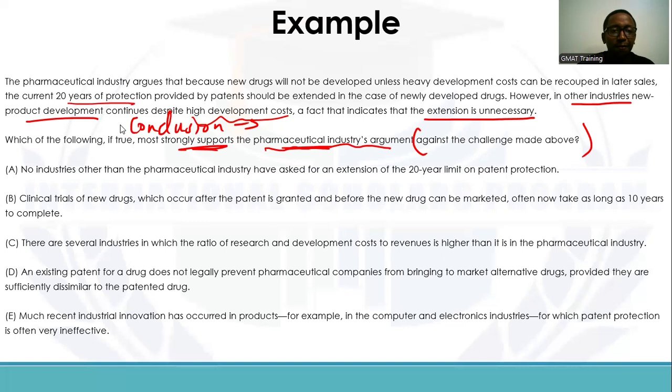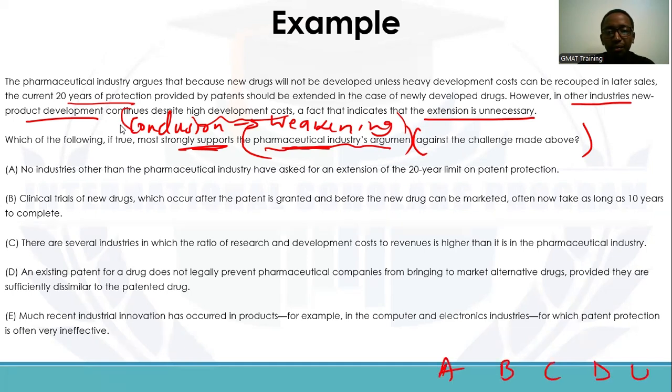So we are simultaneously strengthening and weakening something: weakening our conclusion here and strengthening the pharmaceutical industry argument. So when we are looking at the answer choices, we will be looking at anything that impacts the two of them. So either something that weakens this conclusion or something that strengthens the pharmaceutical industry's position, or both.